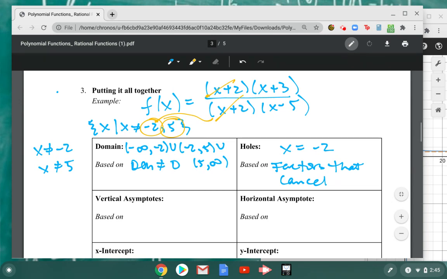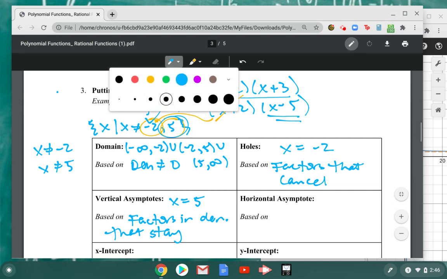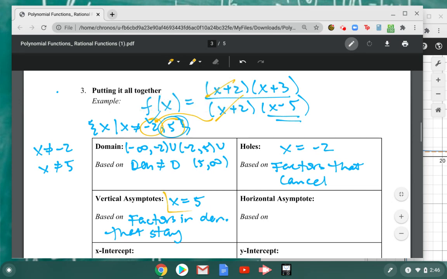The 5 then, because we've already taken care of the negative 2, the 5 has got to be a vertical asymptote. So these are the factors in the denominator that stay. Well, this x minus 5 stays, which means that its domain restriction of 5 is a vertical asymptote. So we're going to write that as x equals 5. We go ahead and just put a little yellow square around each of my answers here.